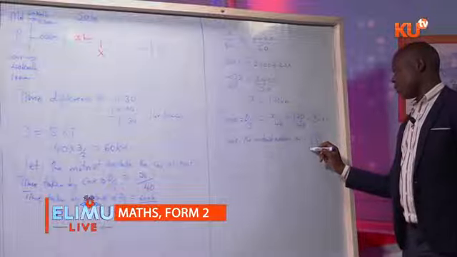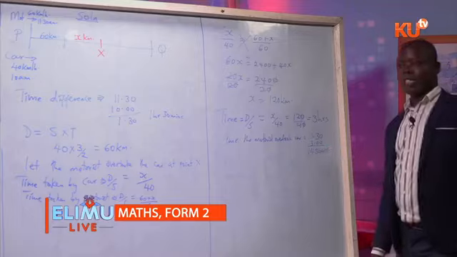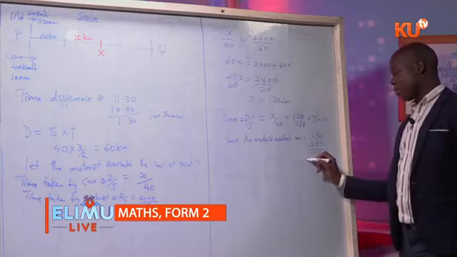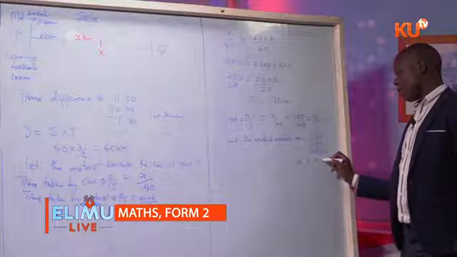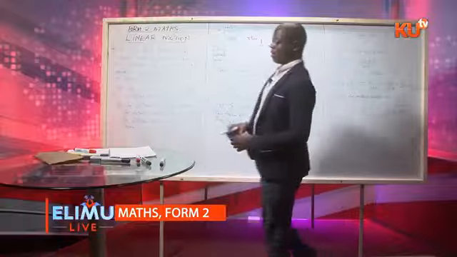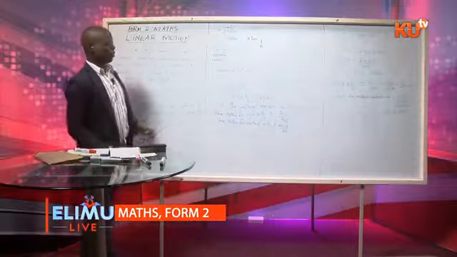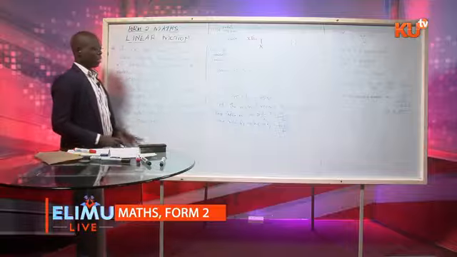And that gives us 14:30 hours in 24-hour clock system, or you can write it as 2:30 p.m. That is the time. That is how we work out the time for these two to be able to overtake each other.